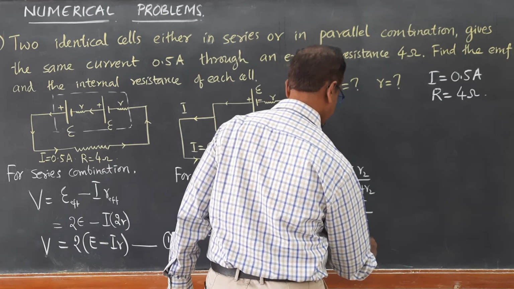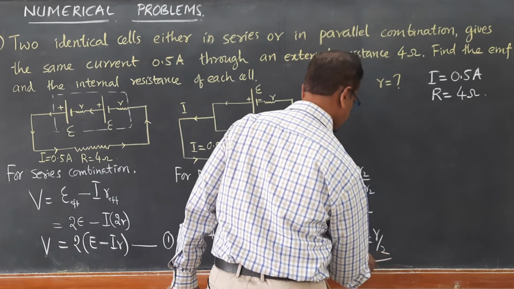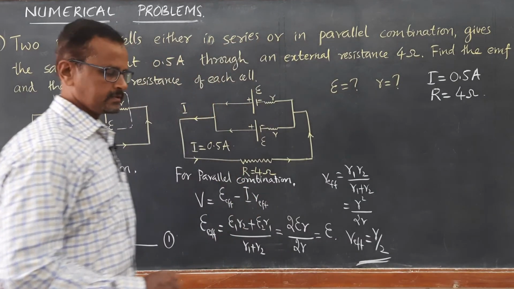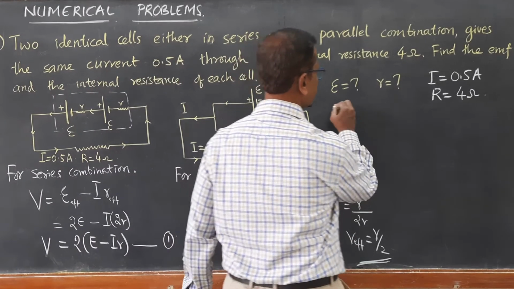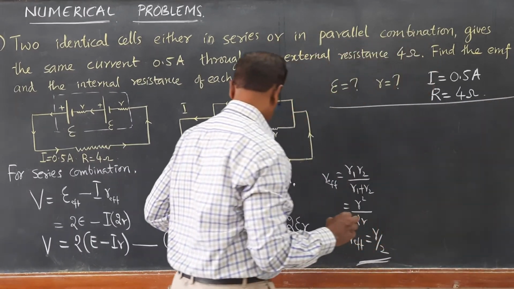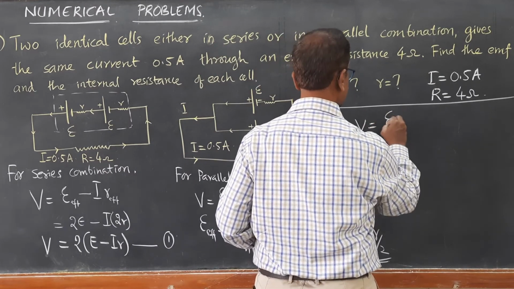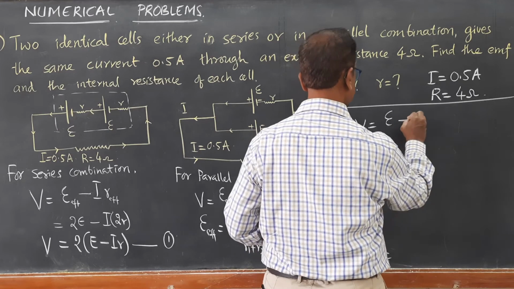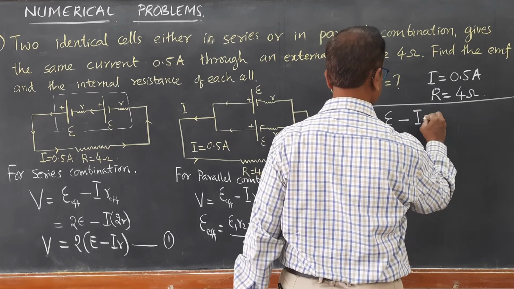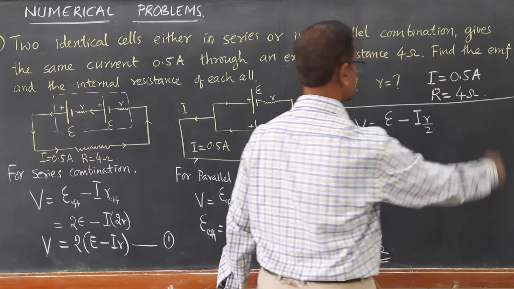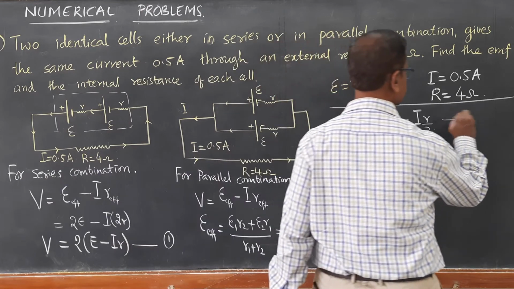Therefore, R effective in this case becomes R by 2. Substituting in the above equation, we get V equal to E effective, E minus I into R by 2. So, this is the second equation.